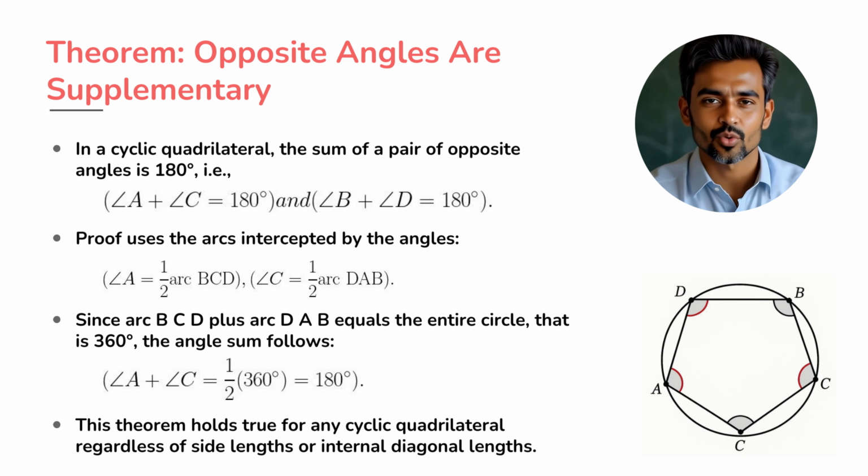This relationship holds firm no matter what the side lengths or diagonal lengths are. So remember, no matter the shape, as long as the quadrilateral is cyclic, this supplementary property of opposite angles will always be true. Imagine the circle again with marks on the arcs and the opposite angles, and you'll see how beautifully these relationships fit together.